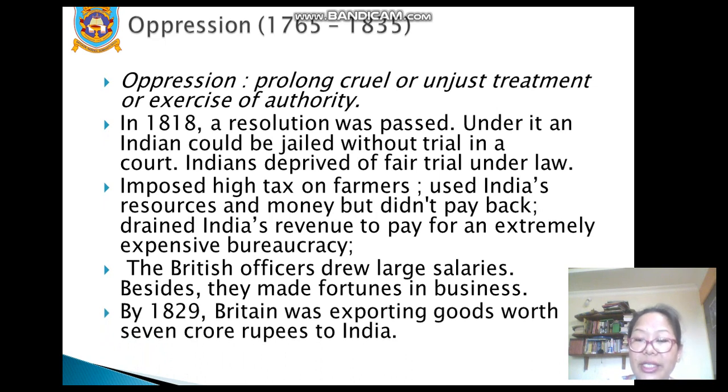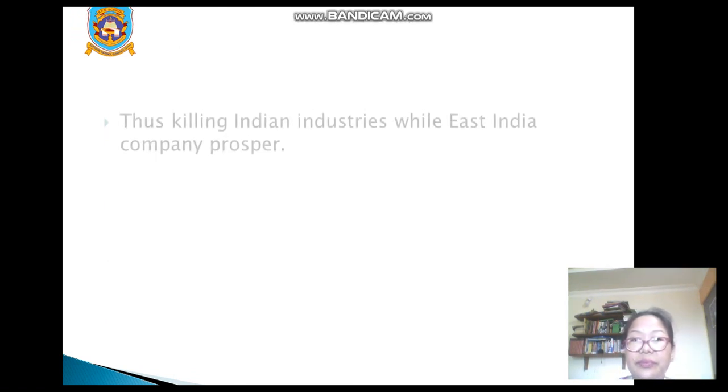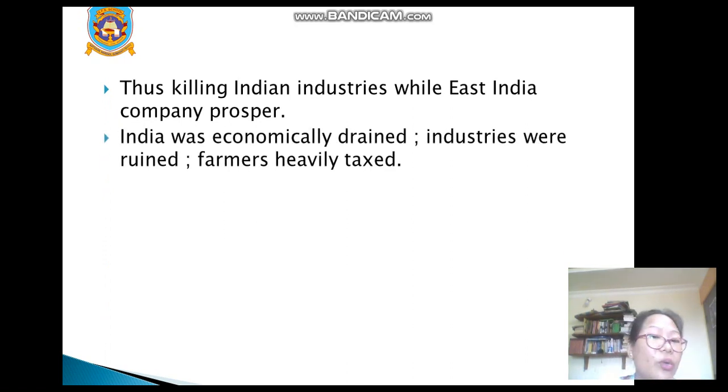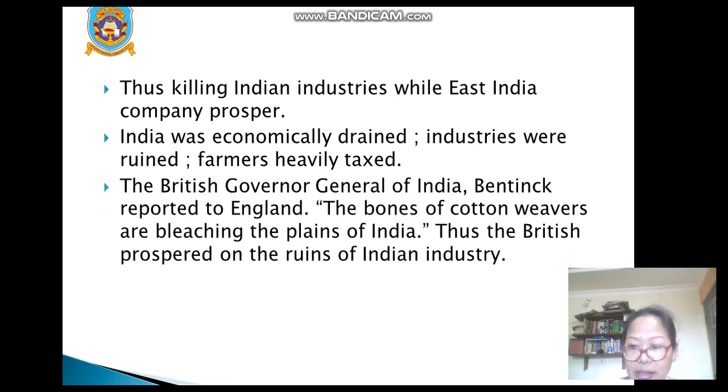In 1829, Britain was exporting goods worth 7 crore rupees to India, and it was killing the Indian industries while East India Company prospered. Now India was economically drained, so these were the oppression, the challenges Indian society had to face.